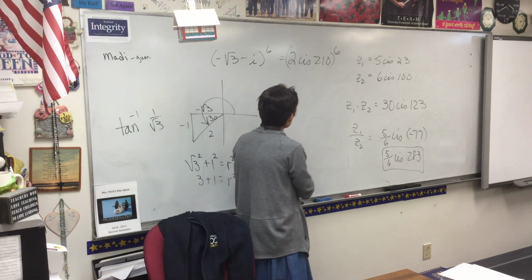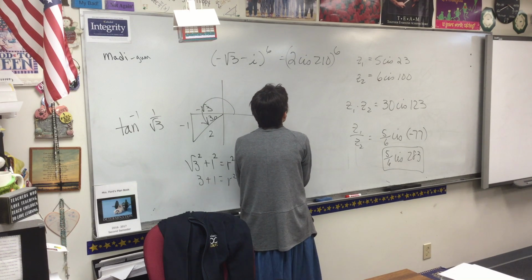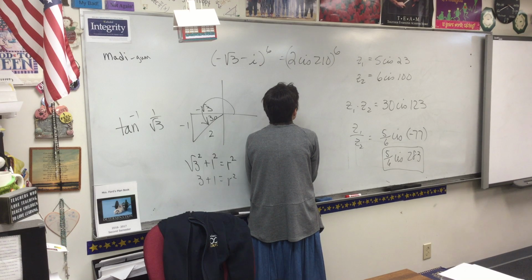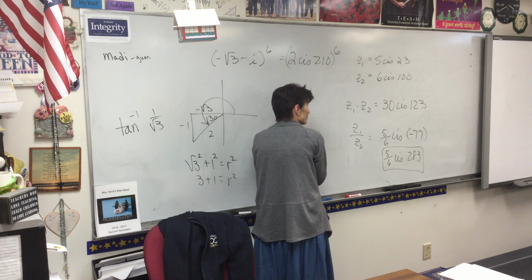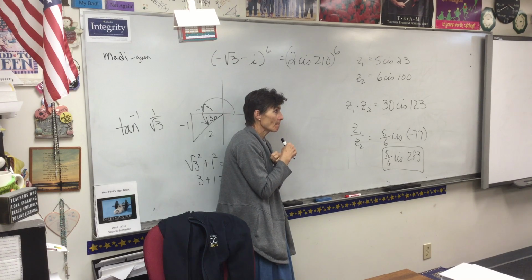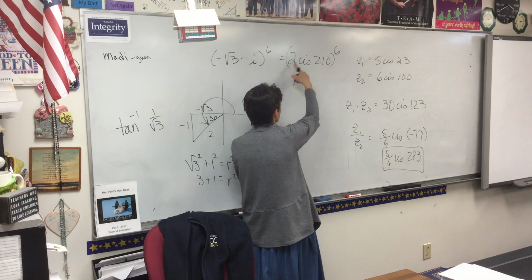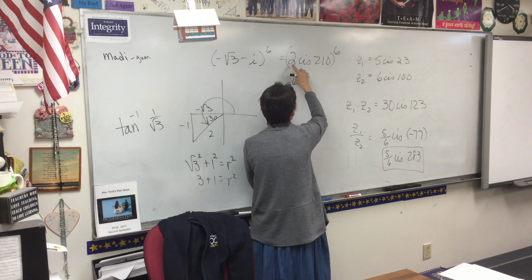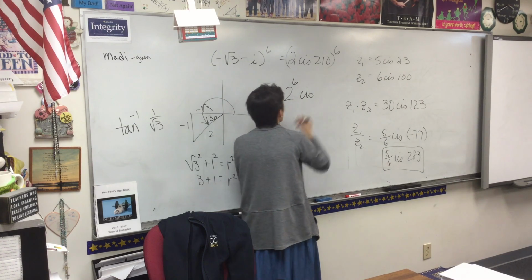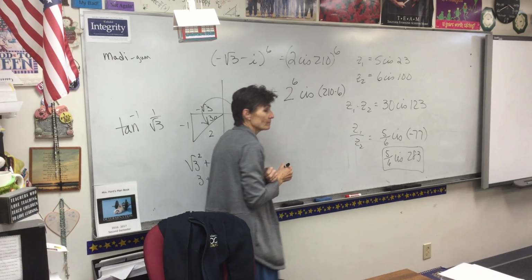Now, do the 6th power part of it. Okay? So Magnus, how does that work? How do we do the 6th power part? Can someone help Magnus? Chloe? You take this number, Magnus, right here, to the power. So 2 to the 6th. And then we multiply the angle times the power.